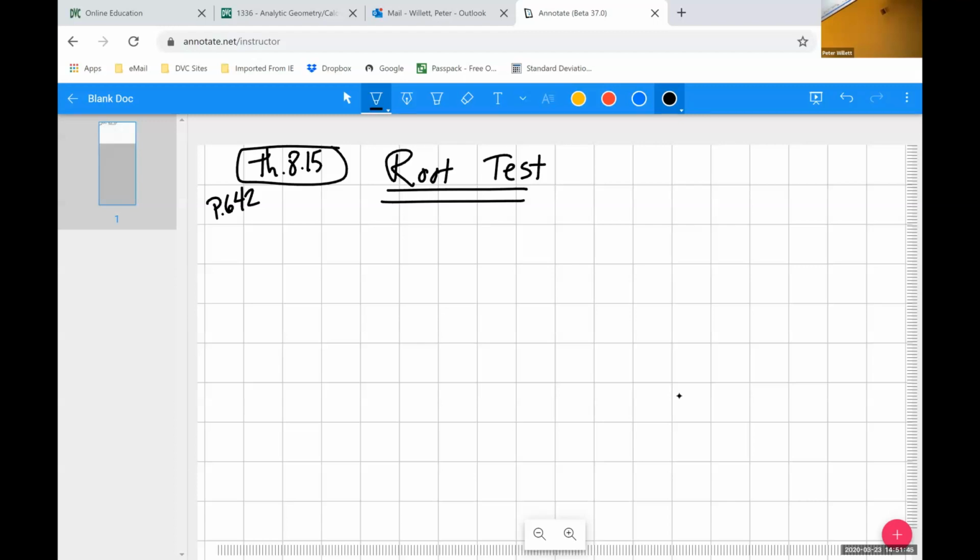So let's write it down, try to understand what it says, and then look at an example of how to use it. So again, let's say we have some series of a sub k's. It's an infinite series. And again, it's going to be non-negative terms. Typically positive.